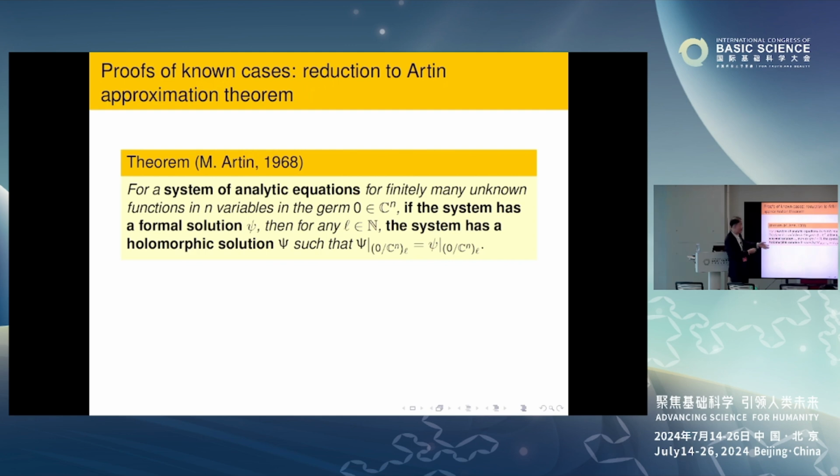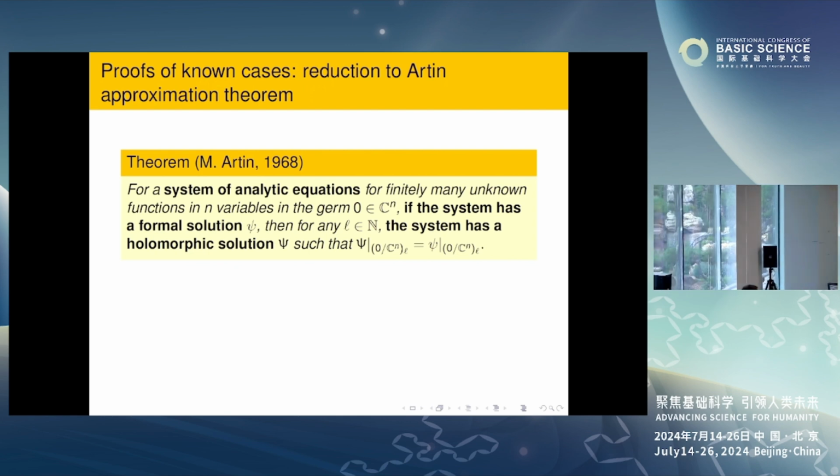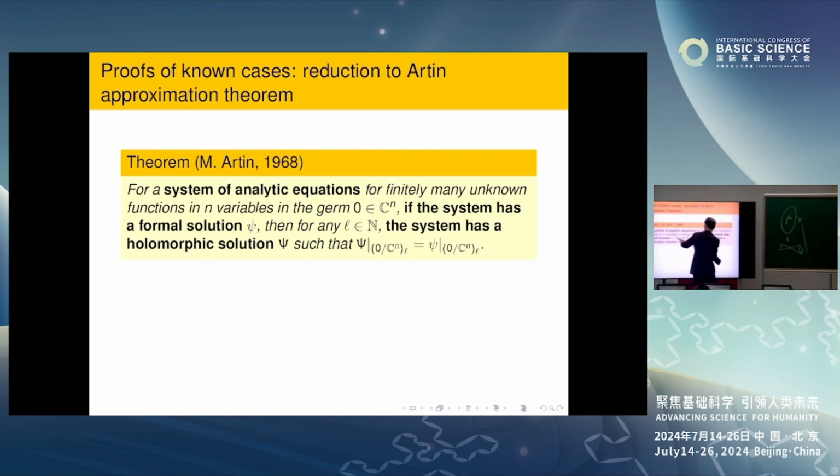He tried to generalize Grauert's argument to a much more general case. And if you apply this in Grauert's situation, where the set is an exceptional set and you can blow it down, if you just apply Artin approximation at this point, then you obtain Grauert's result.